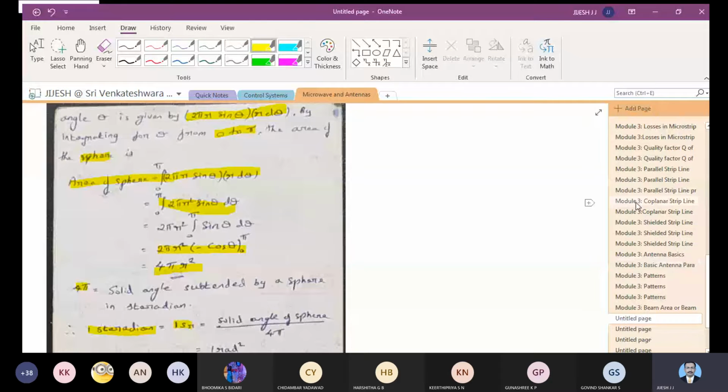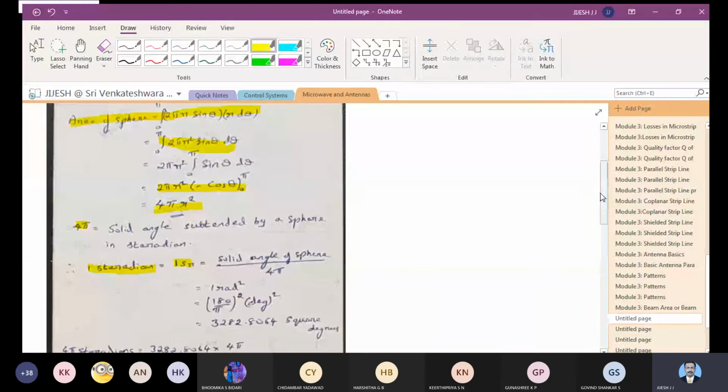You can make it into degrees. This value is very important: 3282.8064 square degrees. So 1 steradian is 3282.8064 square degrees, which is the solid angle of the sphere divided by 4 pi.